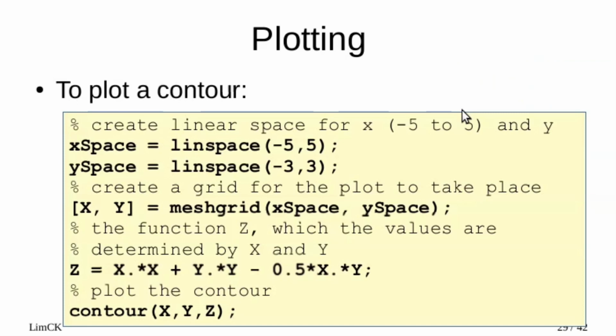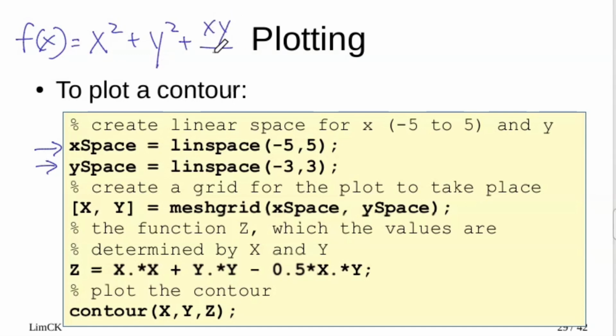Plotting: we can use Octave to plot graphs or even contours. So to plot contours, this is what we do. Firstly, we define the range of x and y. Let's say I want to plot a function f, defined as follows: x squared plus y squared plus xy divided by 2.